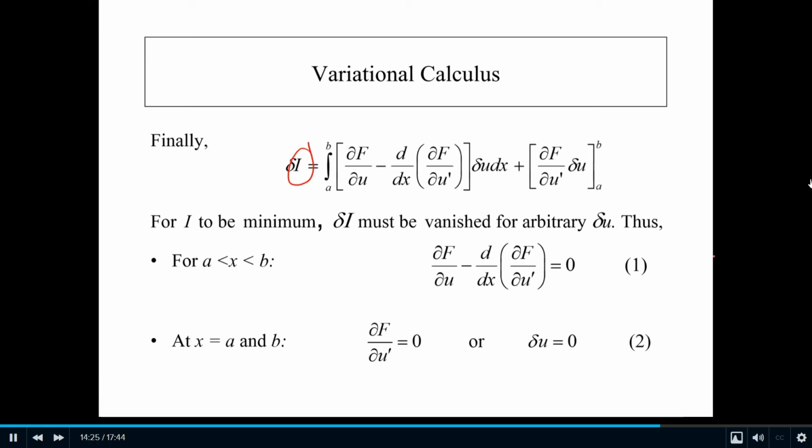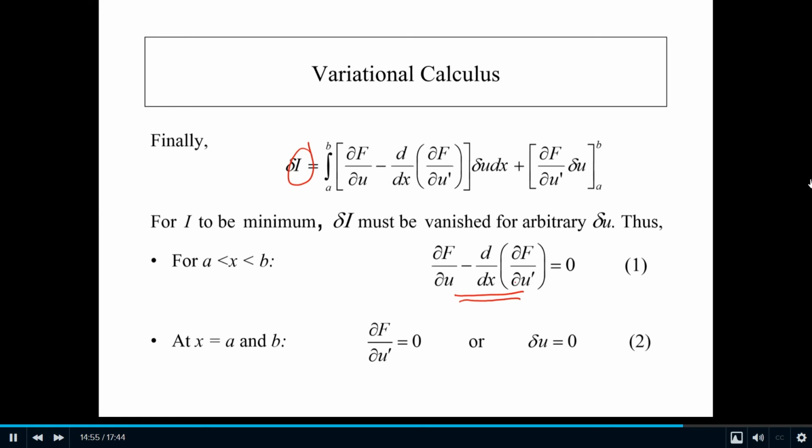As I told you before, after you perform the minimization of I, what you get is a differential equation for your problem. Of course, you will not see it here because this is a generic formulation, but if you derive the total potential energy of your system, you will see it.